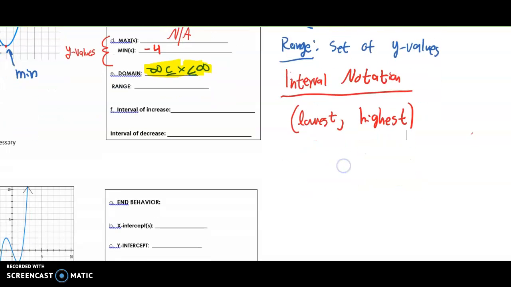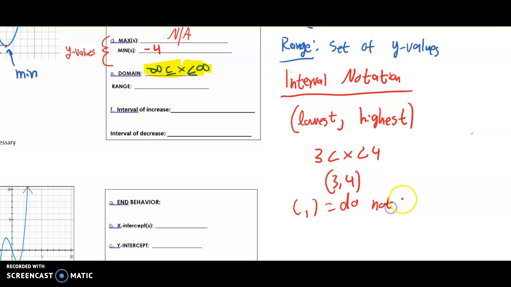So for example, if I had x was from 3 to 4, number.